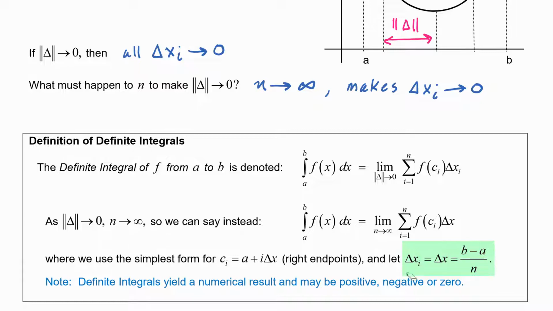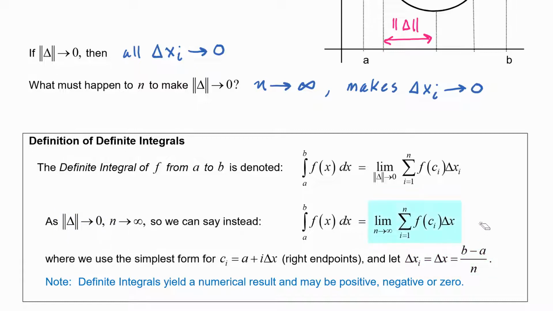So we don't have to do individual widths, because if we are driving the width of all of the intervals towards 0, then they're all going to have the same width, which is approaching 0.